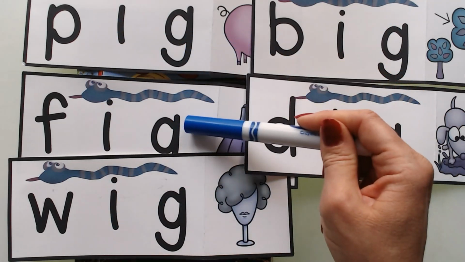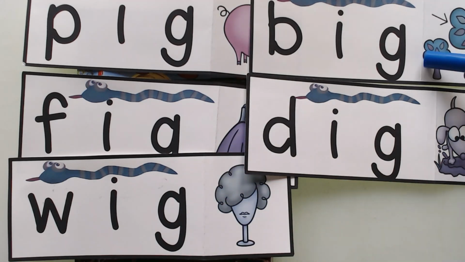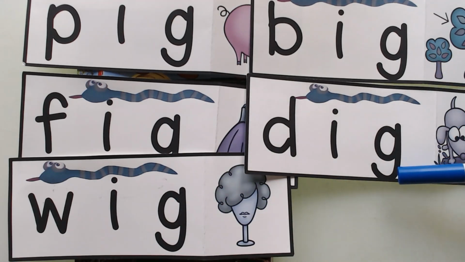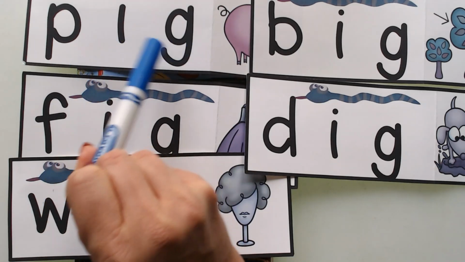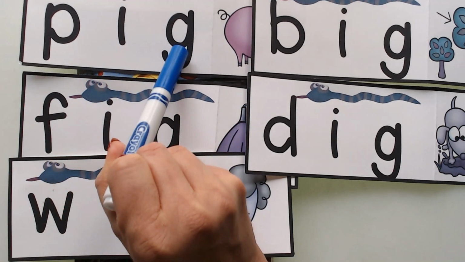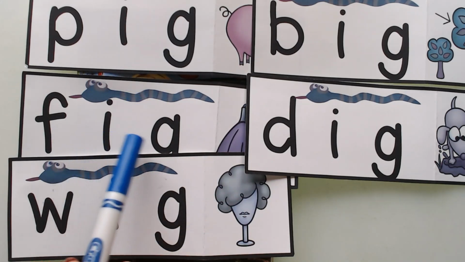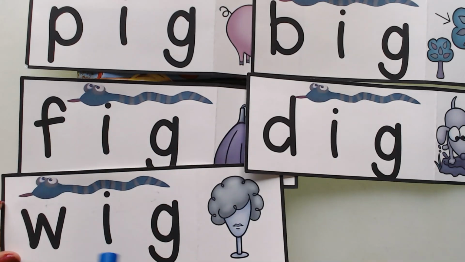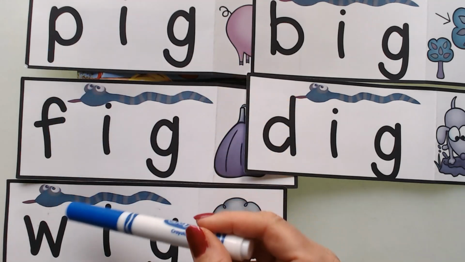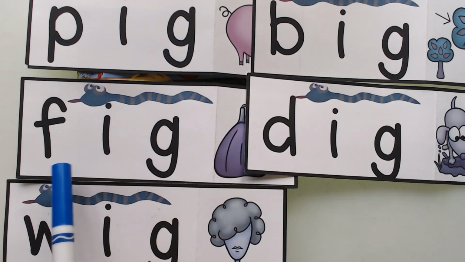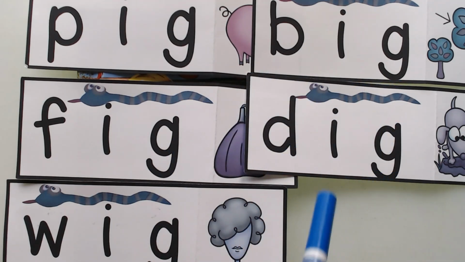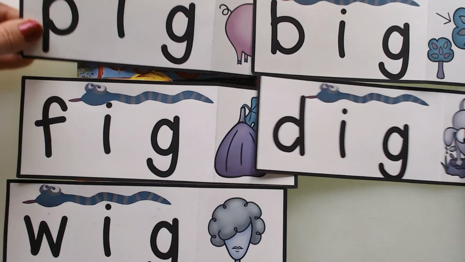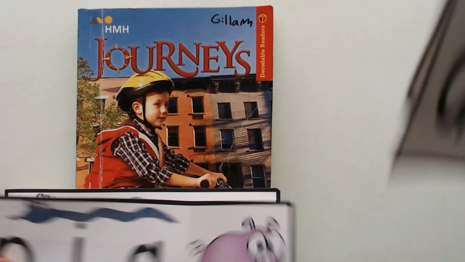Is it the ending letters? Yes. So word families, we use like the back of the words, the middle and the ending letters. Those are the same. And then we just change the beginning letters. So pig, fig, wig, big, dig. They all rhyme. Okay, so anyway, that's a little diversion.